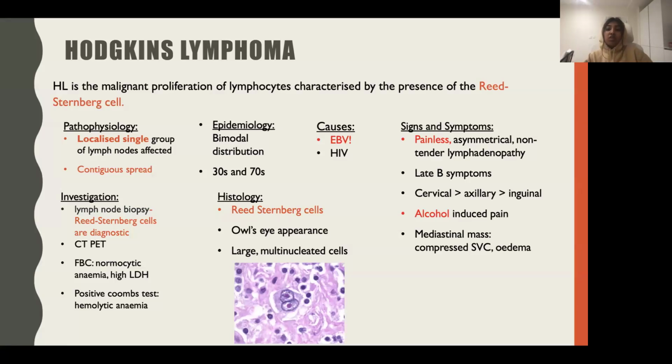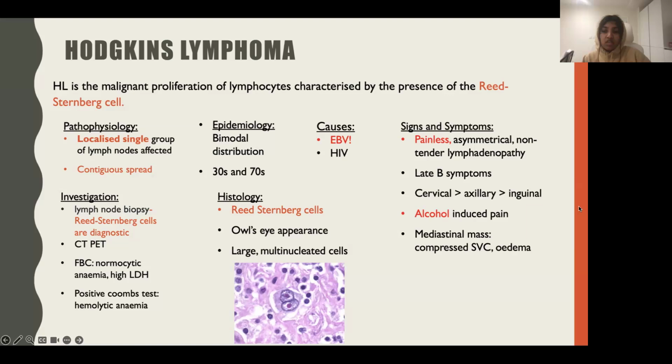Causes of Hodgkin's lymphoma: EBV is a really common cause, and so is HIV. Hodgkin's lymphoma usually presents as painless, asymmetrical, non-tender lymphadenopathy that can become painful if you drink alcohol. You get B symptoms.